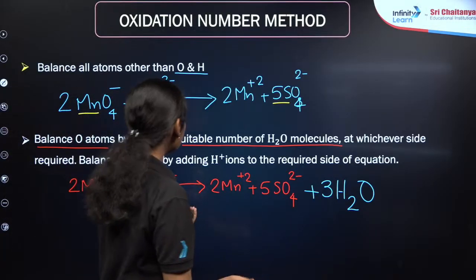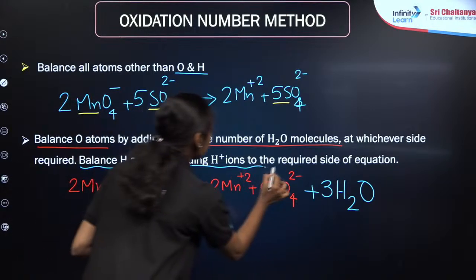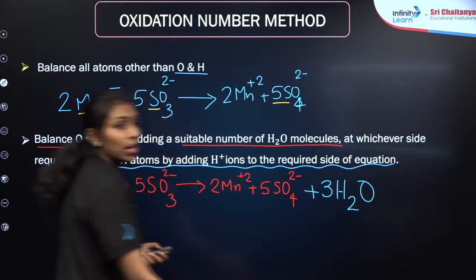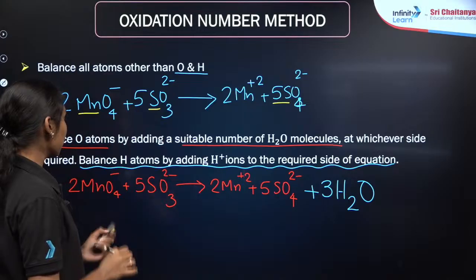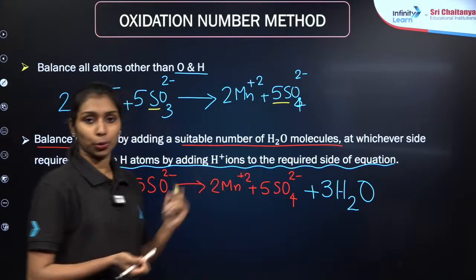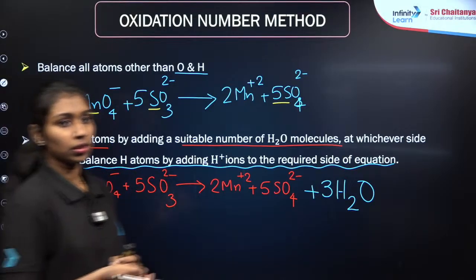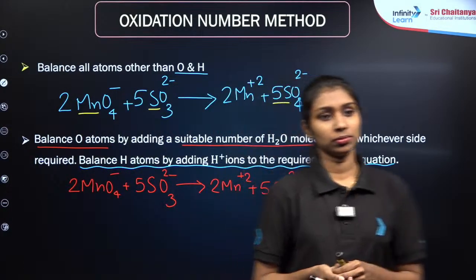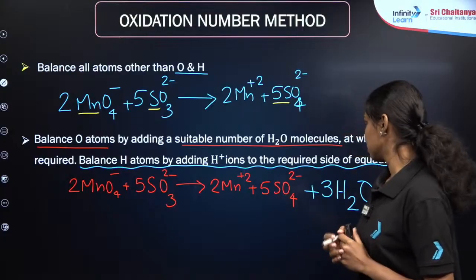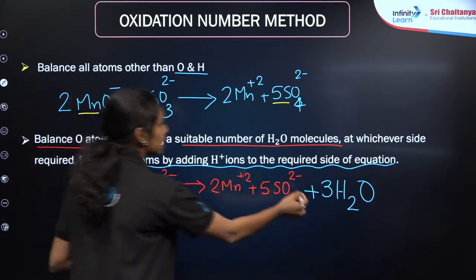So in order to balance the hydrogen atoms, we are adding H+ ions to the required side of the equation. What we are doing to balance the hydrogen atom? We are just adding the required amount of H+ ions to the required side of equation. Clear? Now, in the case of product side, there are 6 hydrogen atoms.